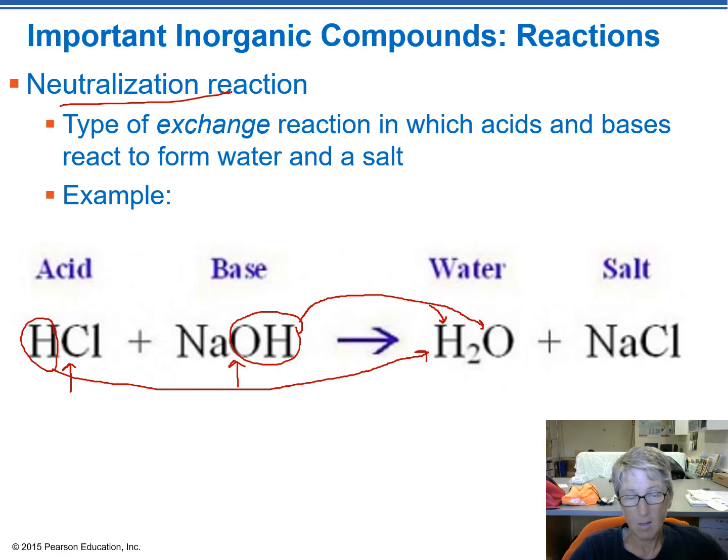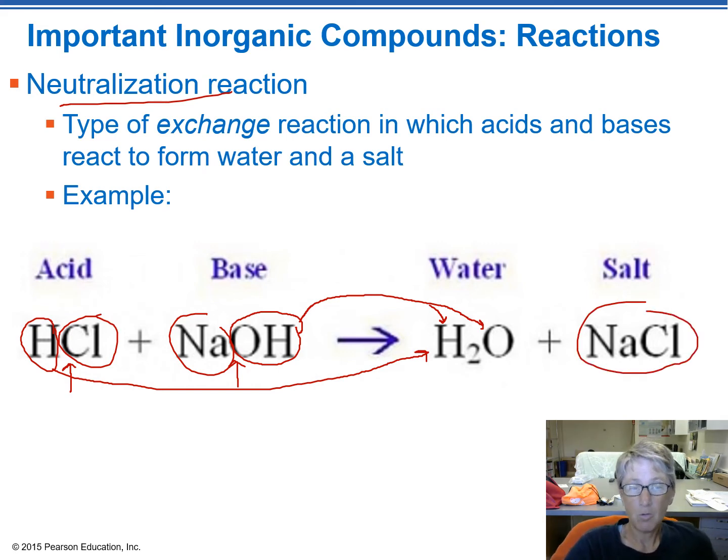And then the sodium and the chloride from the acid go over here to make salt. So this is a neutralization reaction. The type of reaction is an exchange reaction. So you just exchange your atoms or your functional groups, and if you are an acid and base, you're put together, you make a water and a salt.